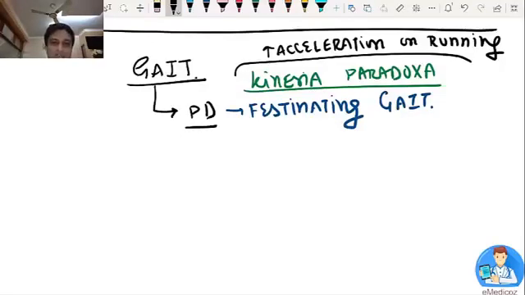For example, I'll give you an example. These patients of Parkinson's are like players of the cricket IPL team RCB. Whenever they are moving on the ground, they are so slow, festinating. But whenever they're going for a quick run, especially Virat Kohli and all, they get kinesia paradoxa. They start running towards it.